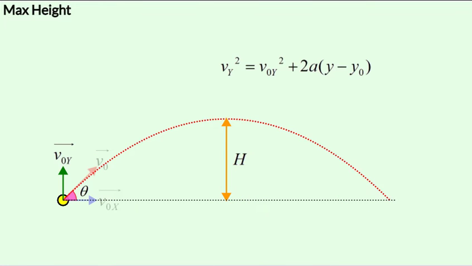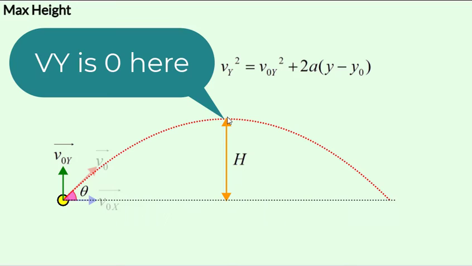Let's use the third equation of motion along the y-axis. So we have Vy squared equals V0y squared plus 2a(y minus y0). And we make use of another concept along the y-axis. At the topmost point in its flight, the component of velocity along the y-axis is 0.